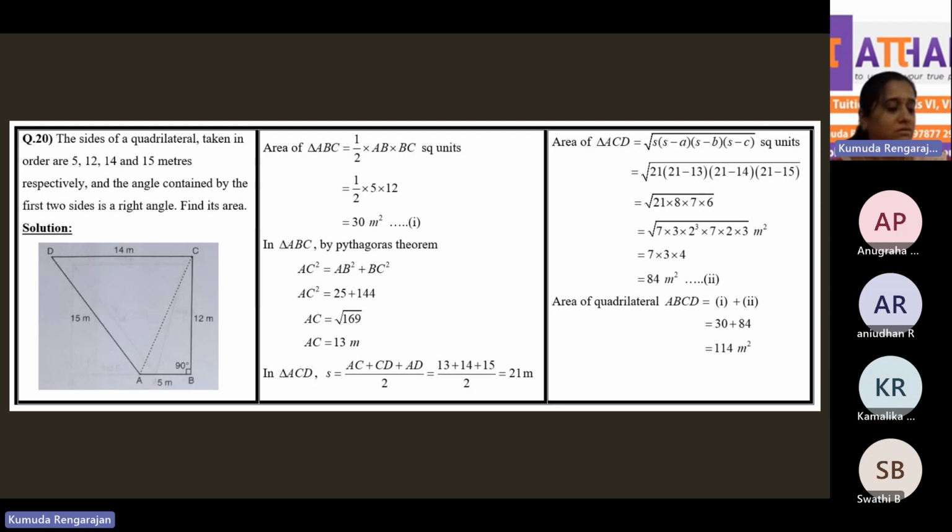Okay, Aniruddhan, fine, since it's time, you share your image, but check your answer also. You can see the answer here. Please check your answer. See where you have gone wrong.